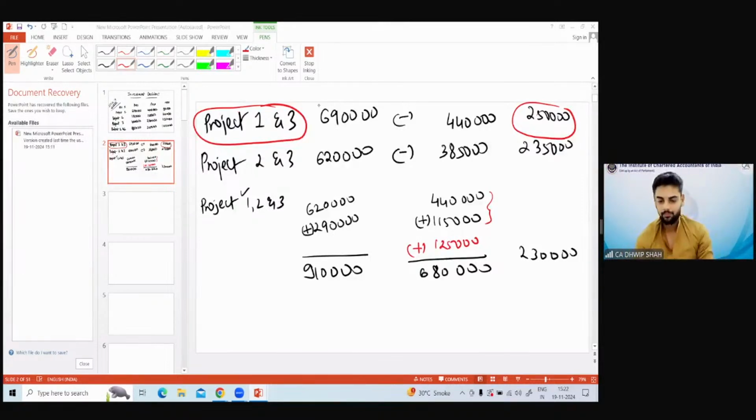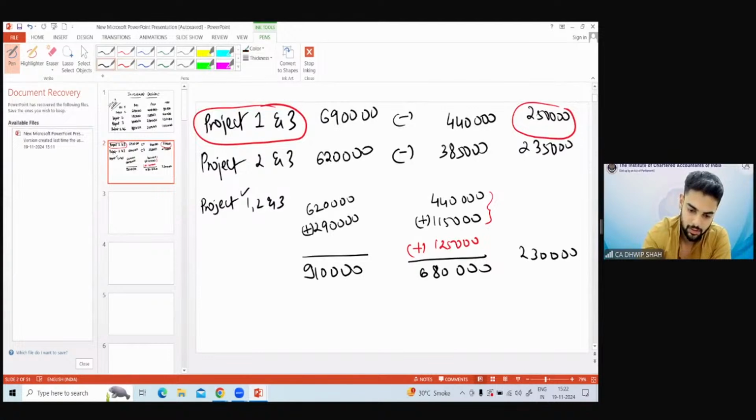Kiran is correct. Followed, everyone? This question is very, very simple. You just need to understand what is asked in the question. Rest, the solution is very simple. Understood? Any queries? 1 and 3. Yes.